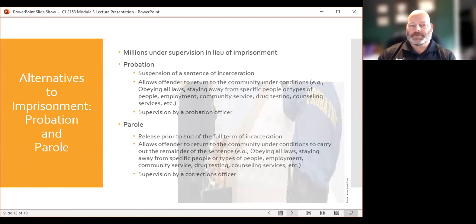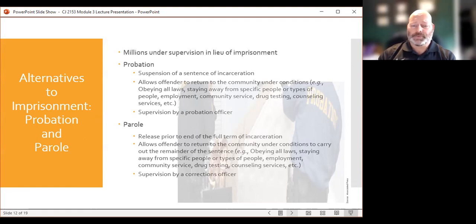And there are two types of this supervision. The first being probation. Probation is a suspension of a sentence of incarceration. So an offender is convicted and they're placed on probation instead of actually being incarcerated in a prison or a jail.